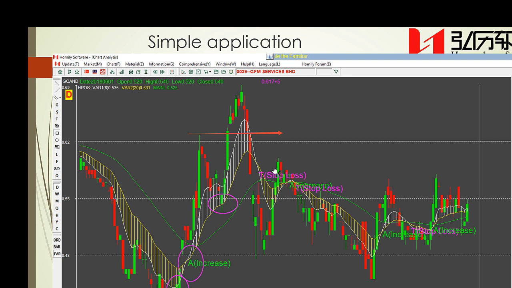So here we should see if this candlestick is with the high volume here, so we should follow it to sell it. And then here we should know here is the support, because before it is the resistance.